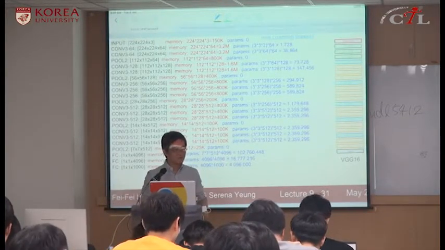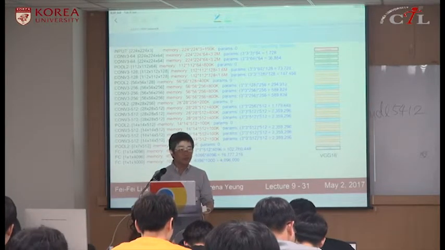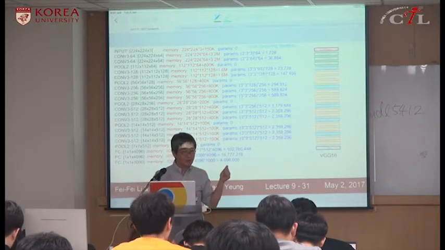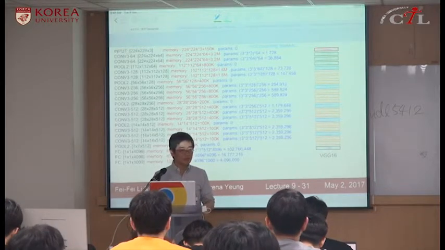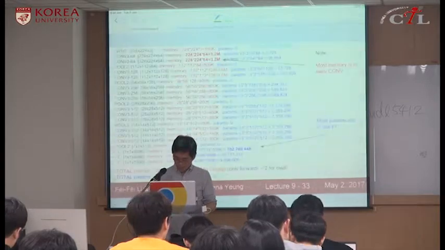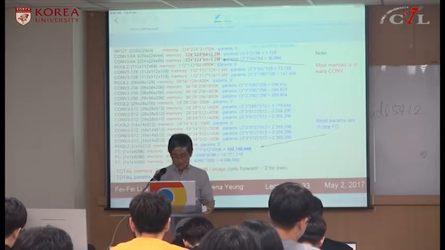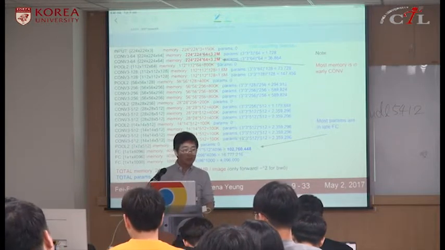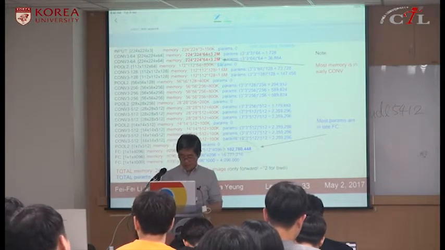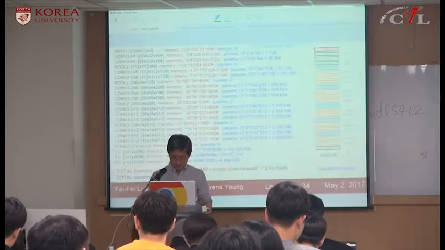So the size of an activation and the number of parameters. I think we briefly discussed it by using some figures, right? So in terms of activation, this gets largest, and in terms of the number of parameters per layer, the first fully connected layer will have the largest number of parameters.